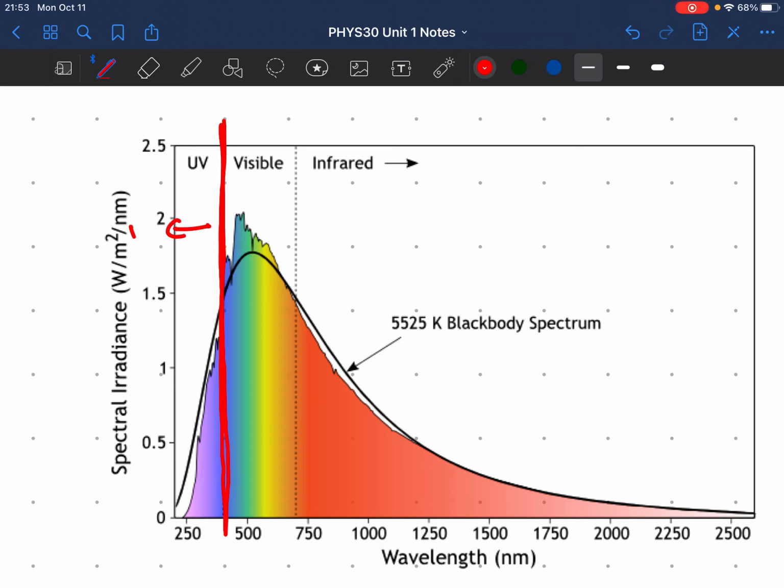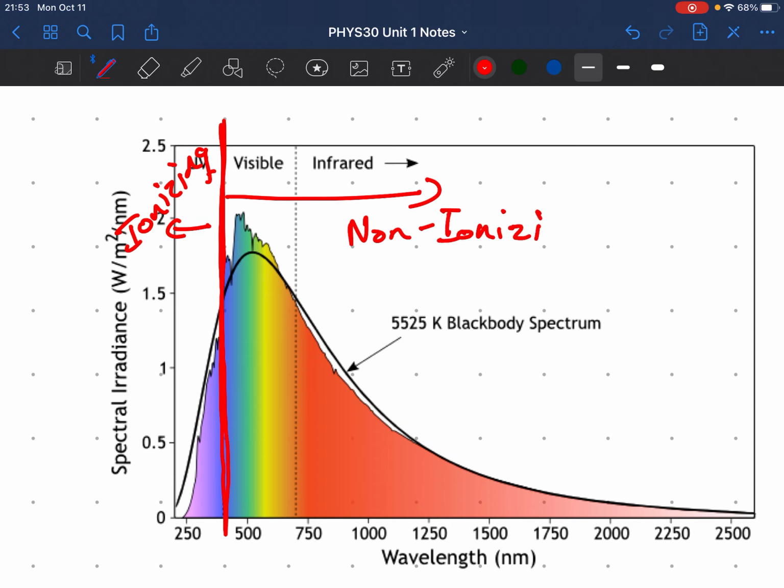This is the ionizing radiation. And over here, this is non-ionizing. And you can see here that the gamma rays and X-rays, the sun produces very little gamma rays and X-rays, so we don't have to worry too much about that.